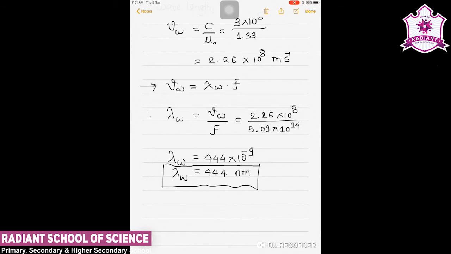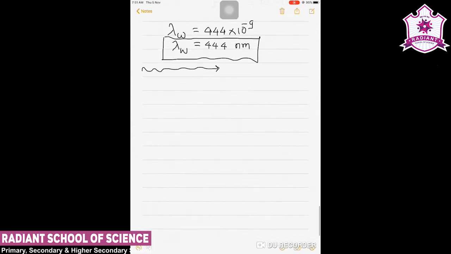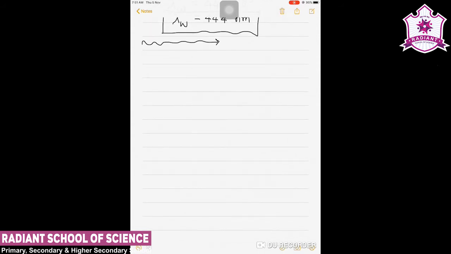Now in example number 2 they have asked about the shape of the wavefront in different cases. This is just an oral type of question and we have already discussed it.